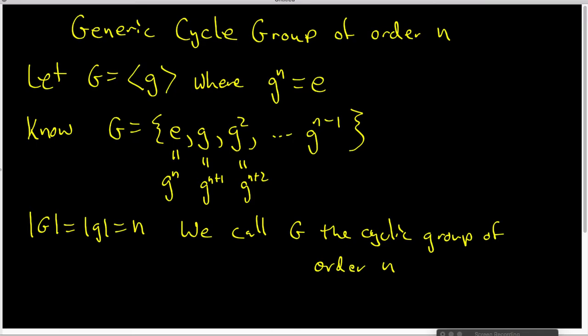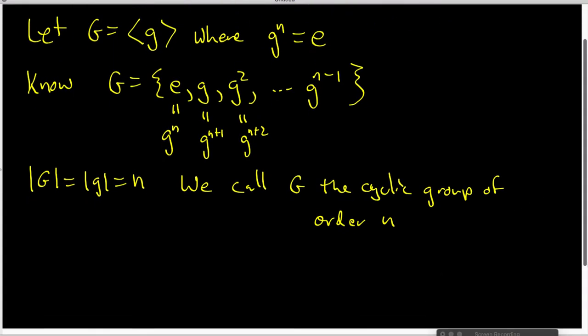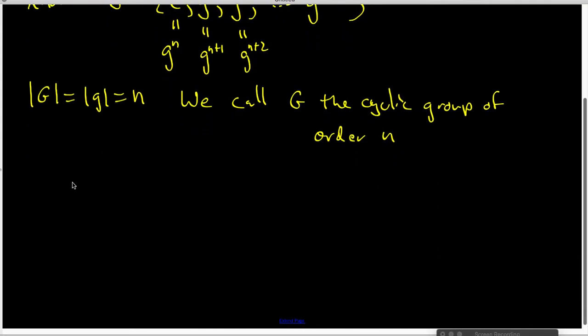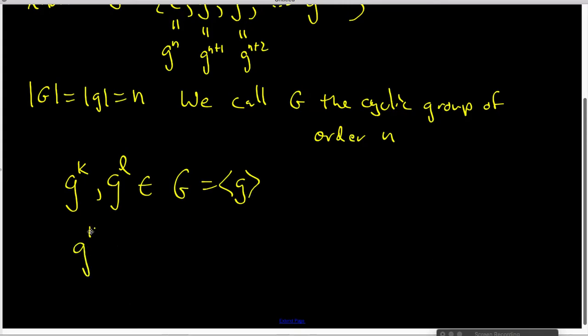But before doing that, I want to actually look at how the multiplication works in this particular generic cyclic group. If I have g to the k and g to the l, both belonging to my cyclic group, then the way that I multiply them is just through exponent rules. I'm going to look at this being g to the k plus l.